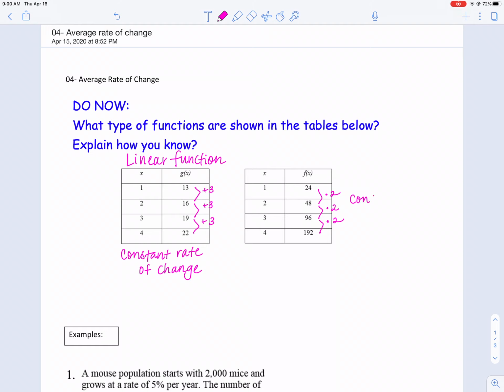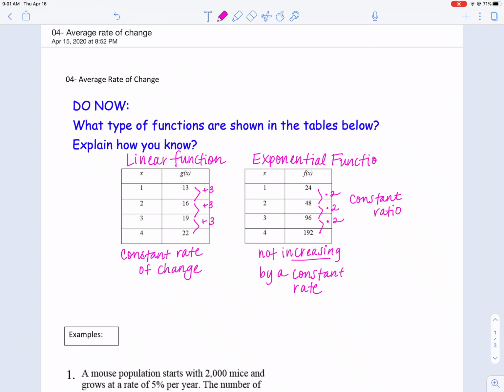This is what we call a constant ratio, which means it is not increasing, meaning adding or subtracting. It's not increasing by a constant rate. Okay? Which means it's exponential. Okay? Exponential functions are going to be multiplied by a constant ratio.